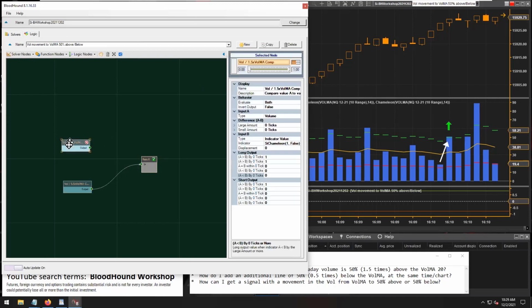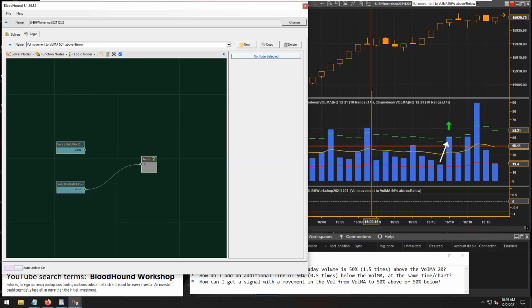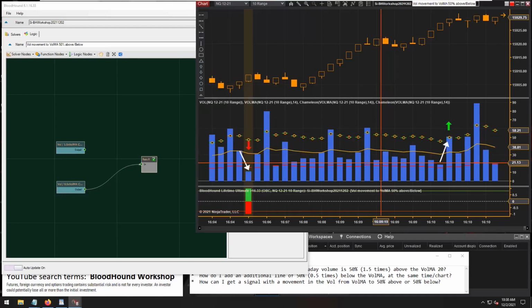So I could just use the two comparison solvers I have, and then grab some function nodes to detect when volume is in between the two zones here.